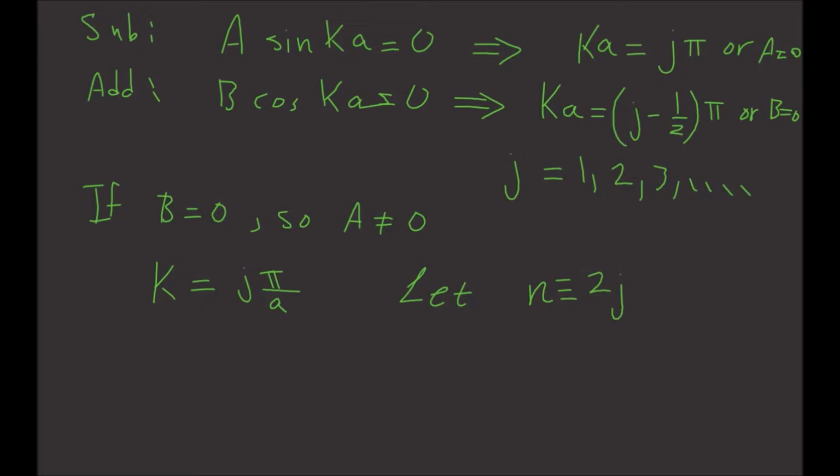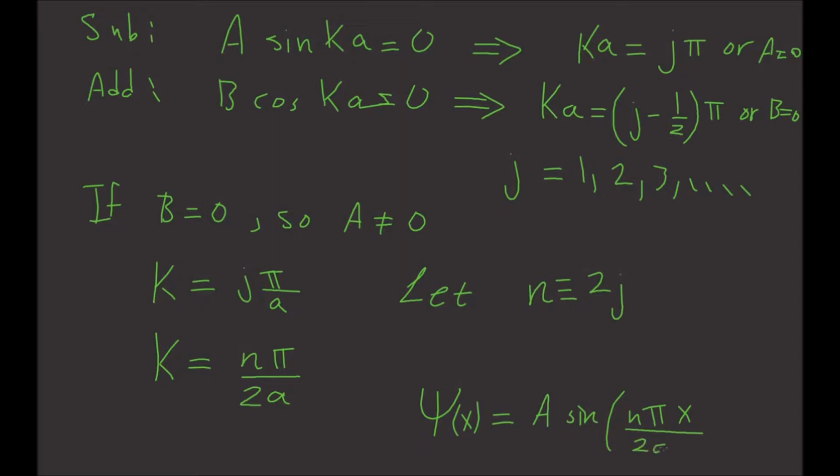Then k is equal to n times pi divided by 2a, which tells us that psi of x is equal to a times sine of n pi x divided by 2a.